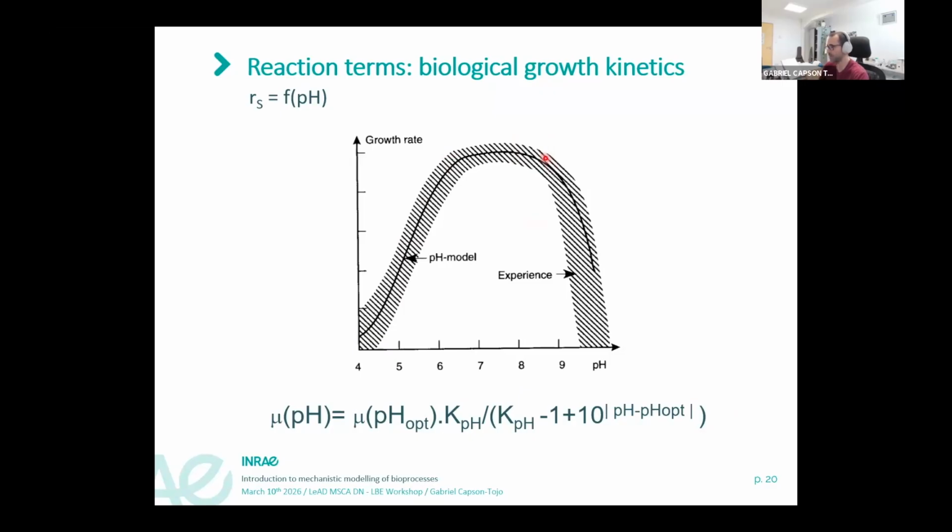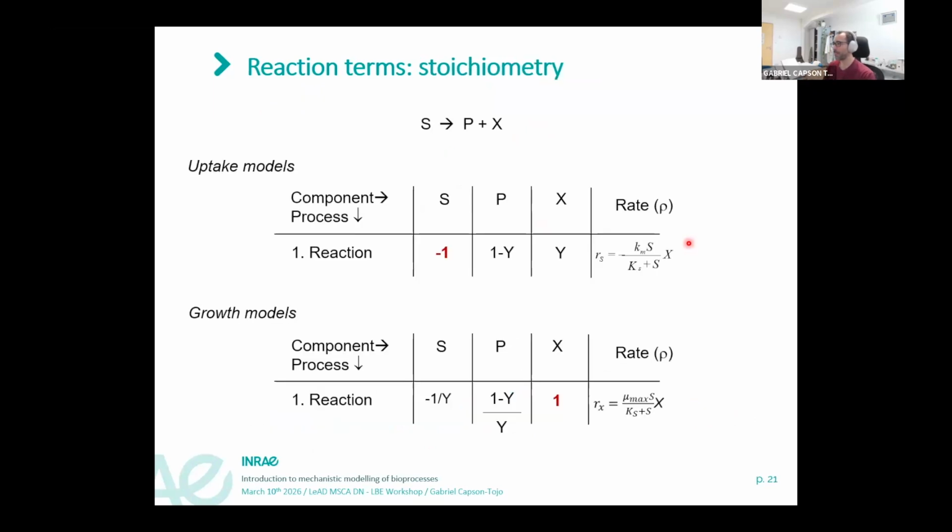Of course, it depends on our system. But if we are talking about the neutrophile, this is the optimal region. If you go up to pH values above that, the performance drops, so the growth rate drops. And again, if you're into acidic values also, the growth rate drops.